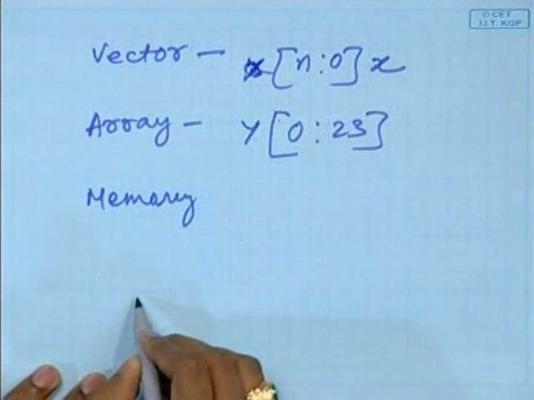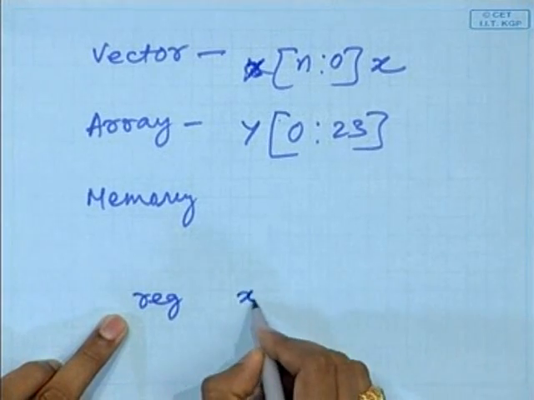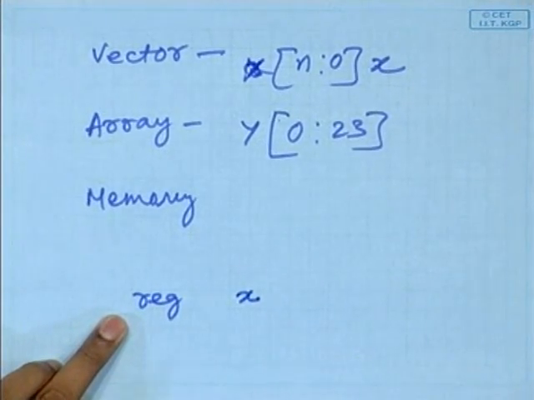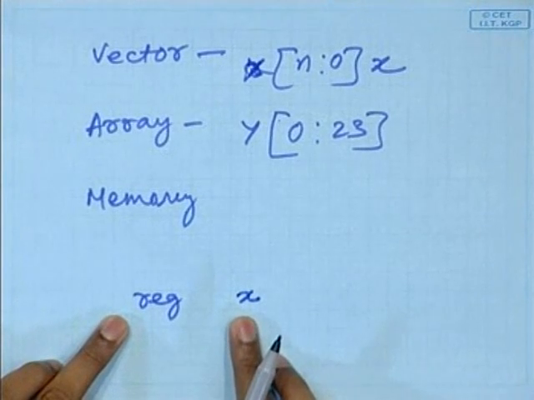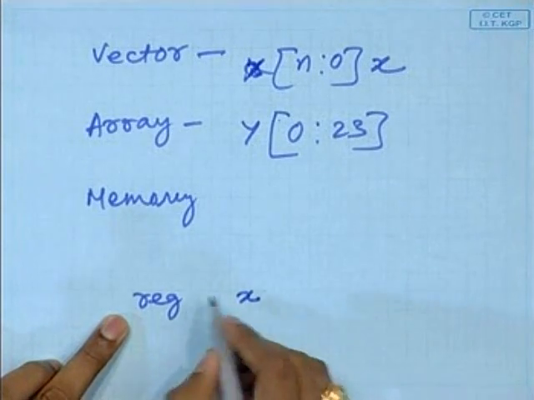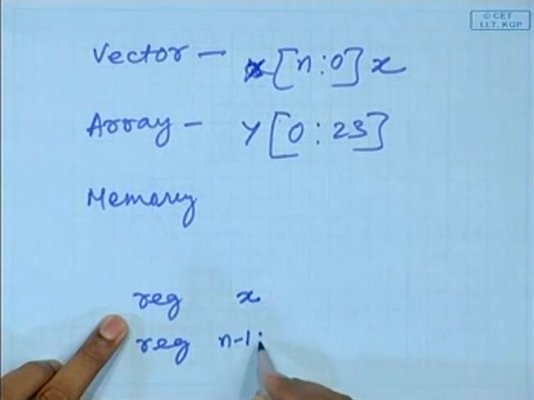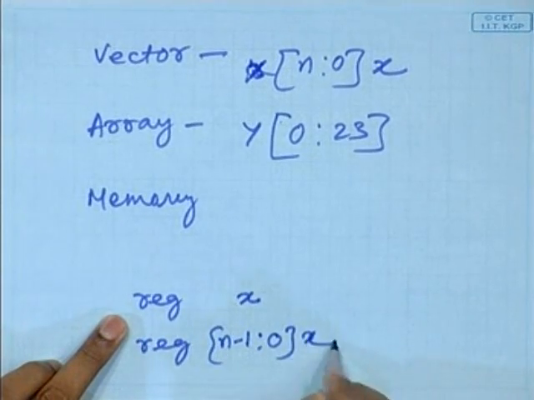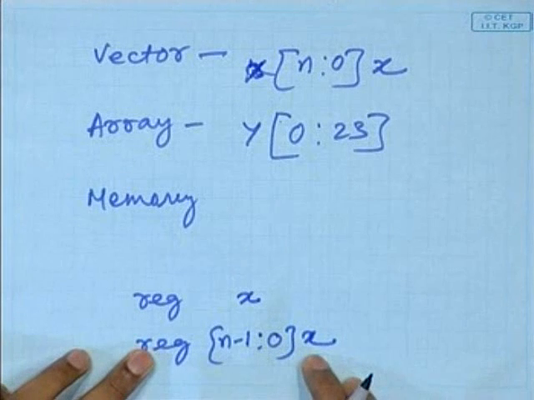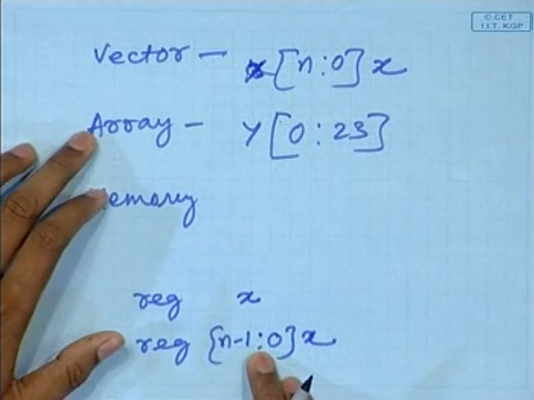So for example, if I declare a register x, then it is a single bit variable. Suppose I write register n minus 1 to 0 x, then x is a variable of n bit.